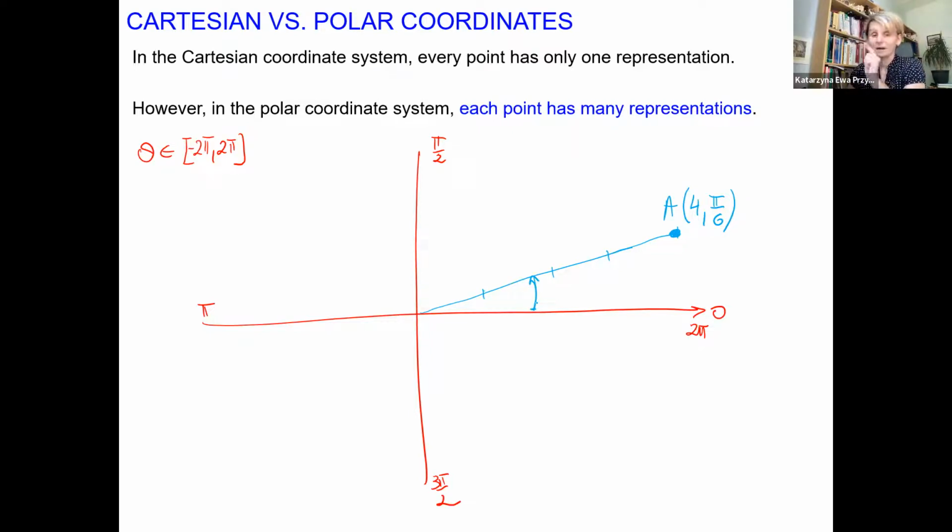How can we find the same point using possibly a negative angle? What will be the angle which I can draw this way? Who can tell us, if I would like to indicate that angle using the negative notation?